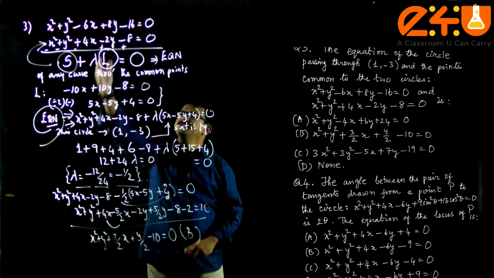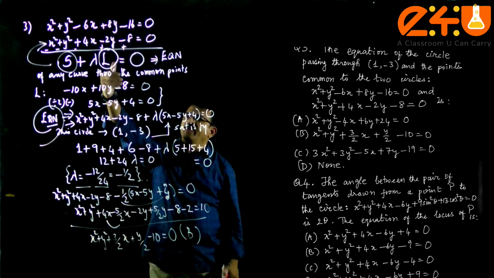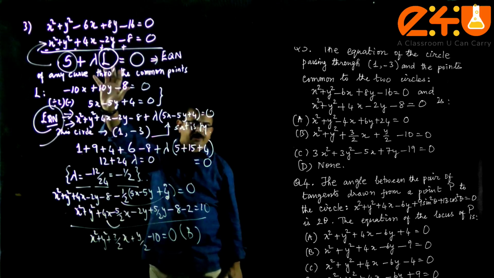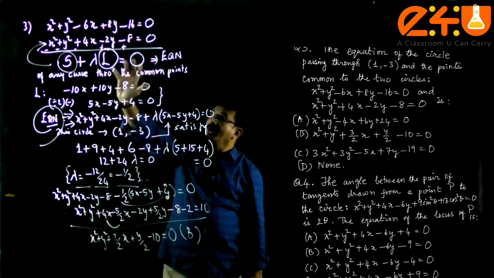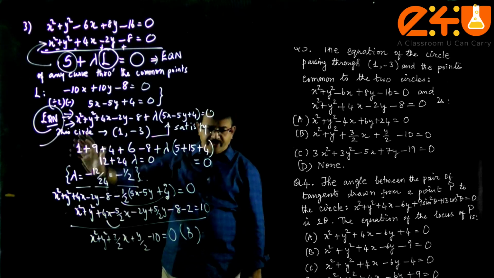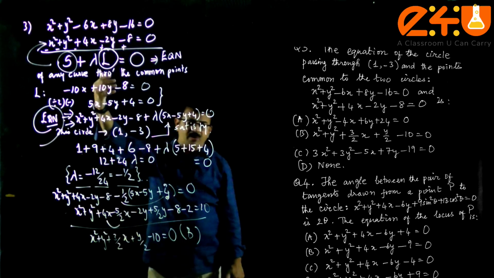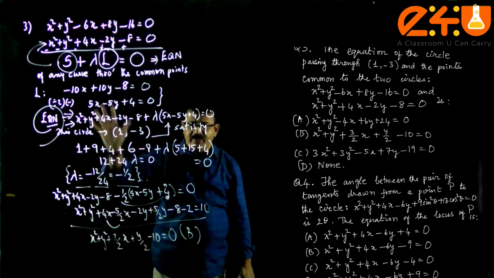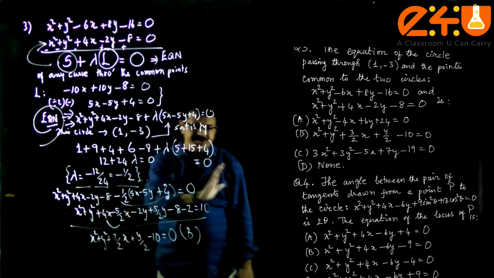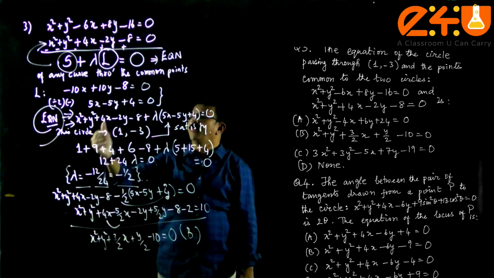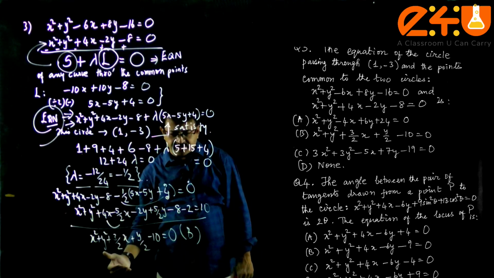And so this is what we call the routine, the common passing through common points. Since we have no information about the common points, this is the only way you can do it. Of course, the point 1 comma minus 3 satisfies the equation.